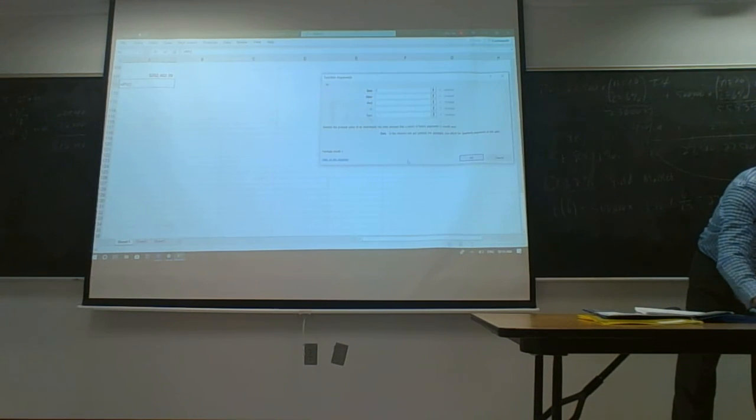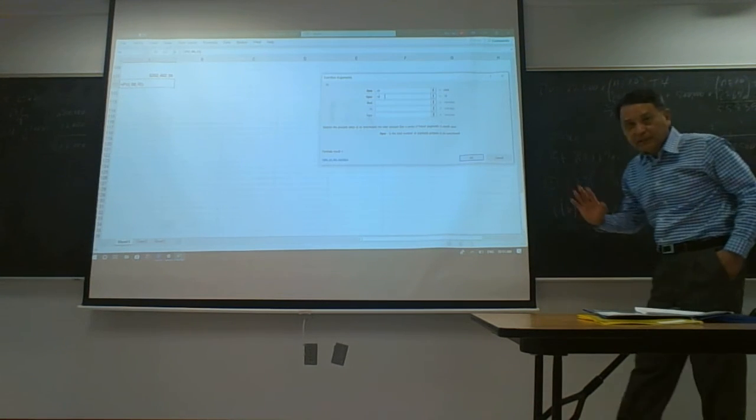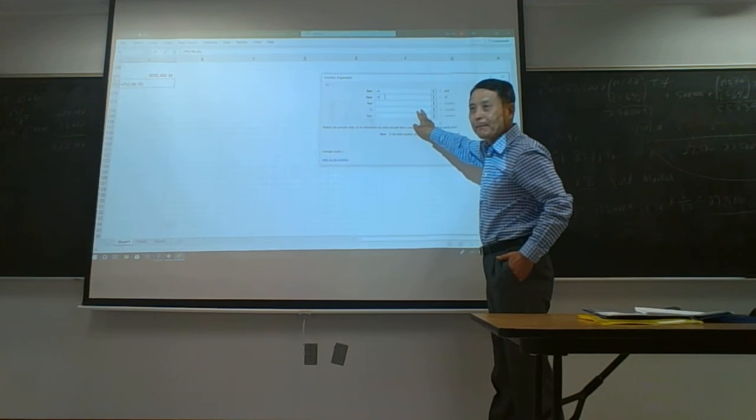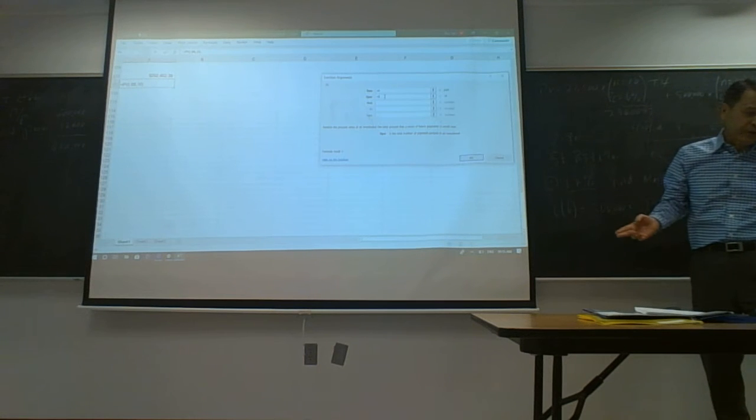Present value, same discount rate, same period, 10. And this 500,000 is not the payment, but the future value. Be careful, this is a future value when you use an Excel spreadsheet.